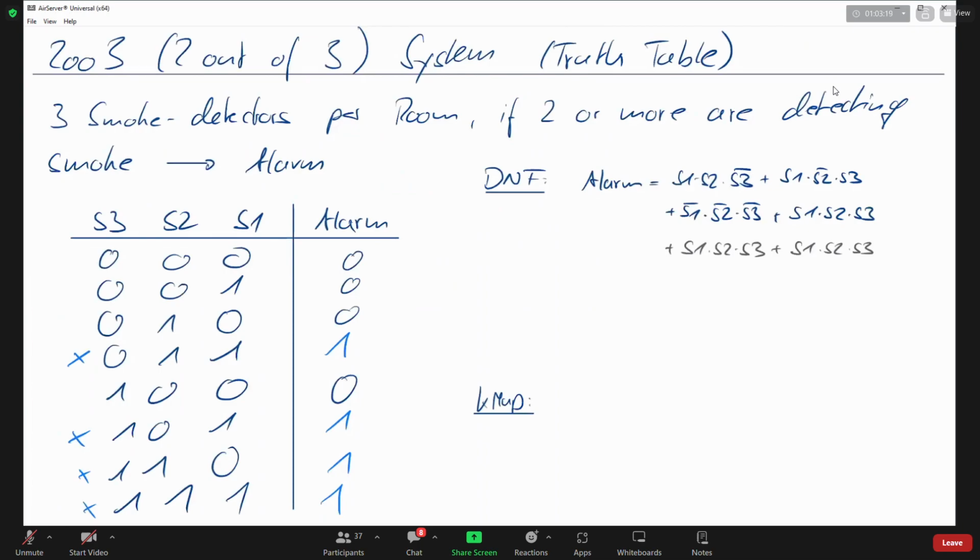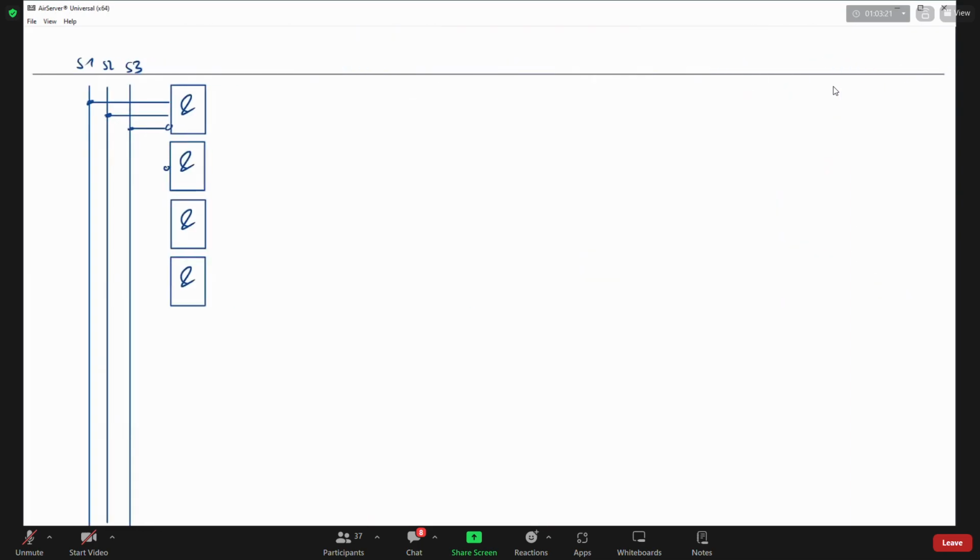Then I have S1, S2 not, S3. Then I have S1 not, S2, S3. And S1, S2, S3.